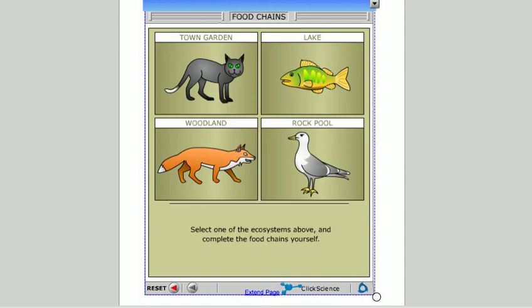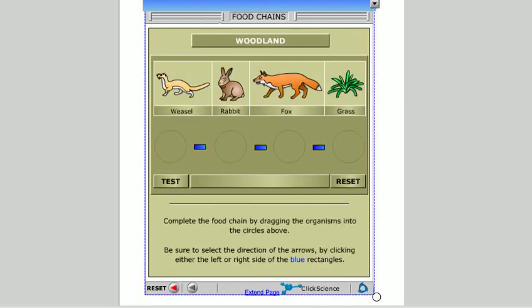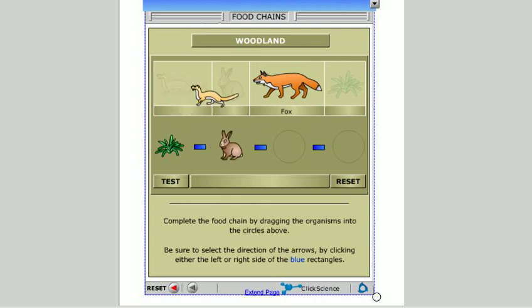Select one of the ecosystems above and complete the food chain yourself. Start here. Grass, rabbit, weasel, fox.